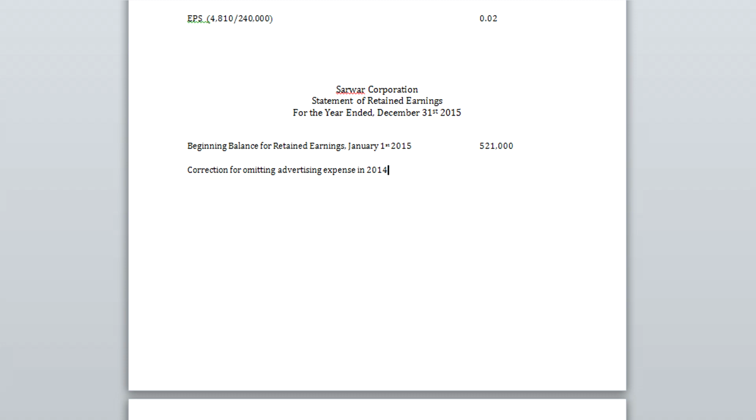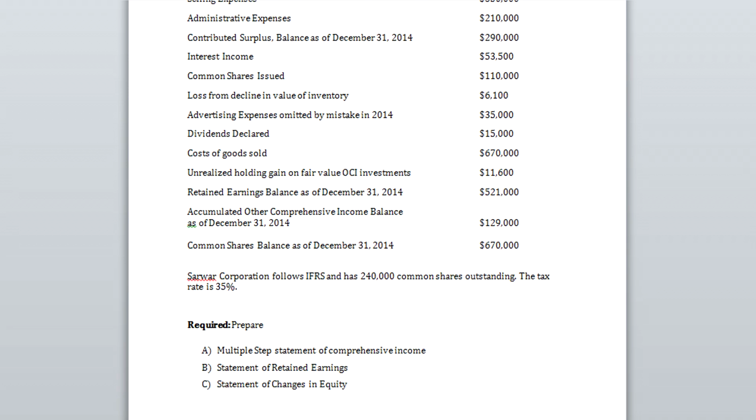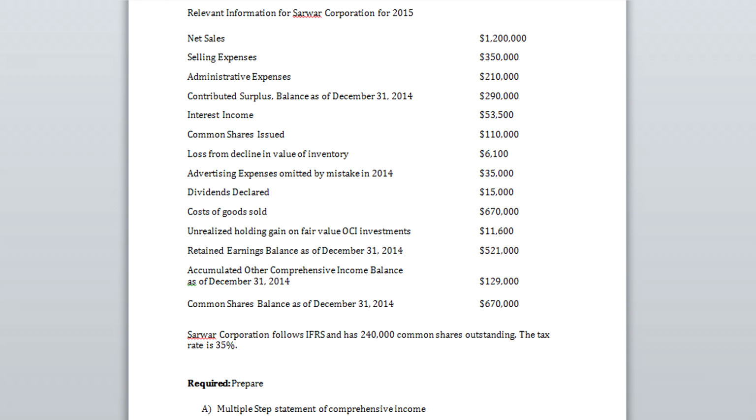And one thing you need to know about this part, about what's included in these corrections and errors, is that again, it's reported at net of tax, okay? But unfortunately, this amount right here doesn't say net of tax there. So we're assuming that this $35,000 is actually a pre-tax number, okay?